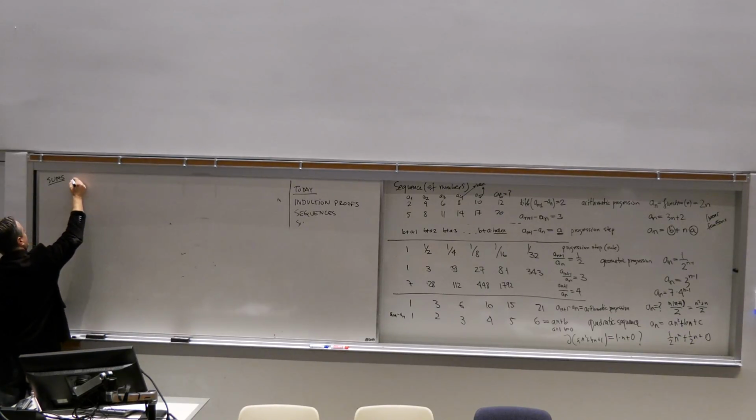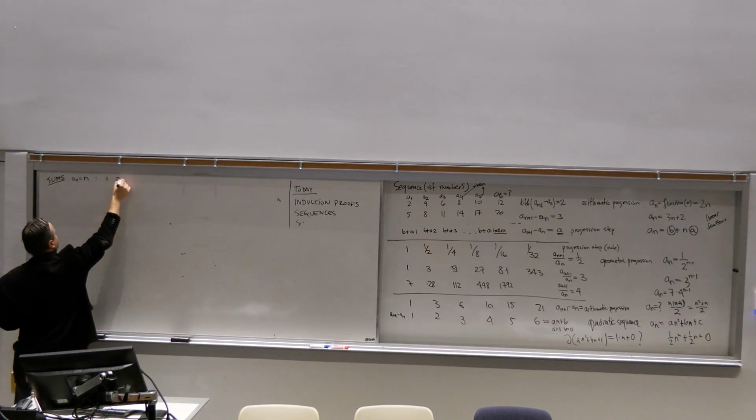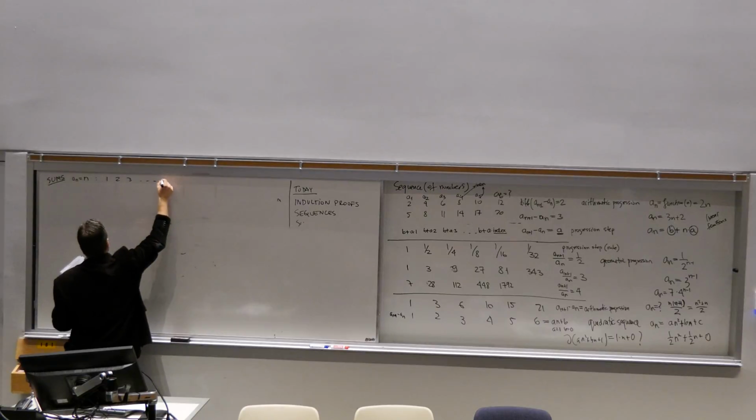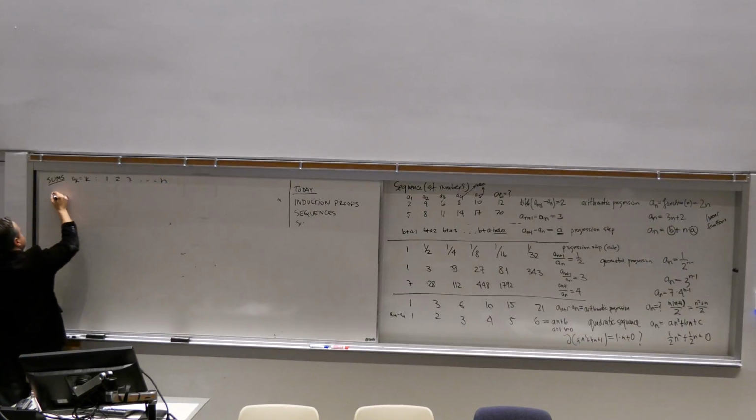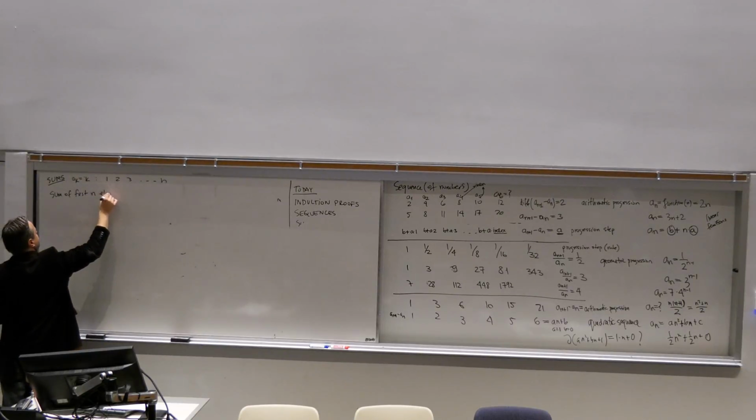How can I do it if a n equals n, that would be the sequence 1, 2, 3, up to say n, a k equals k. How do I do this sum? Sum of the first n elements in a sequence.